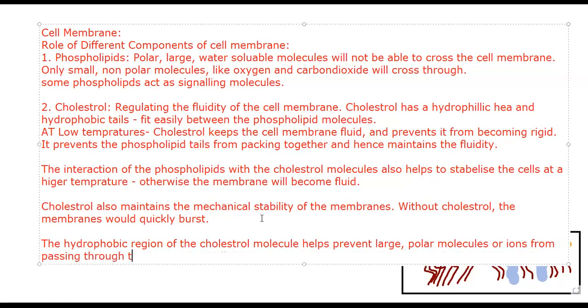So it helped out the phospholipids. The phospholipids were preventing the large water-soluble molecules from crossing through, right? So the cholesterol helps in that. It also helps in controlling who is coming into the cell and who is going out of the cell. So this was the different role of cholesterol within the cell.